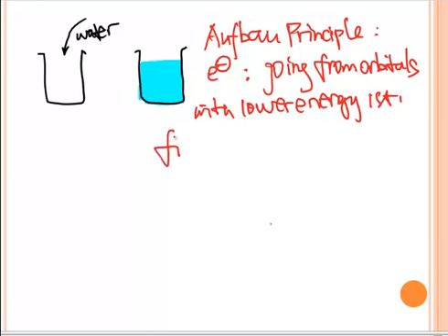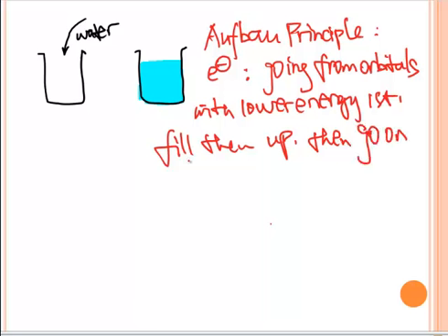Fill them up, then go on to the next one. Next orbital. Okay, so this is quite analogous.